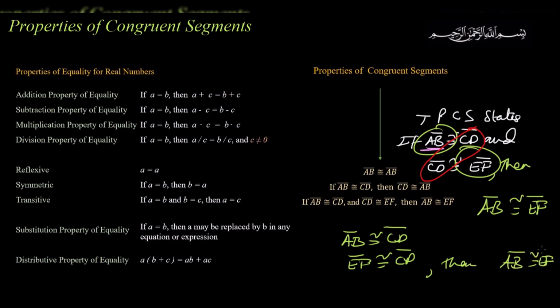The reason this is true is the same transitive property of congruent segments. Again, you should look for overlap here, something common to both of these statements that acts as a bridge so these two can shake hands, so to speak. So CD acts like a bridge for AB and EF, so they can shake hands. They can say AB is congruent to EF.